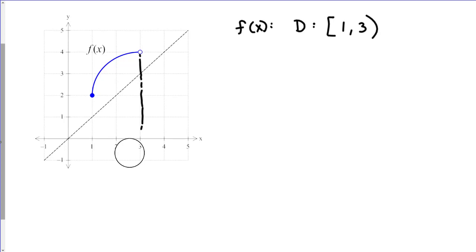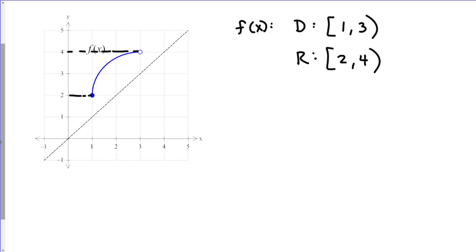And I'm going to erase all this stuff as I determine the domains and ranges, because otherwise the graph will get too much stuff on it. All right, the range is the values along the y that are possible for the function to produce. So starting from 2 to a maximum of 4, but not including the 4. Now, let's take a look at the inverse of this.